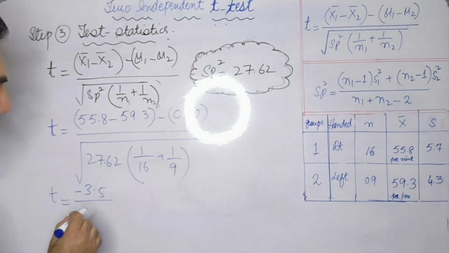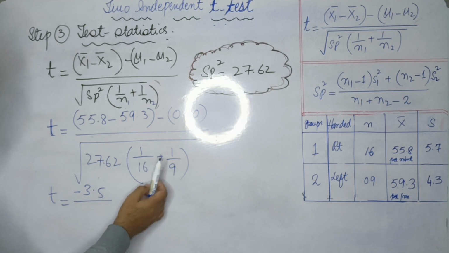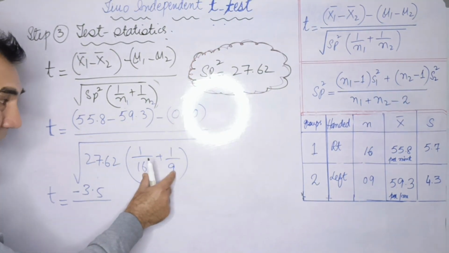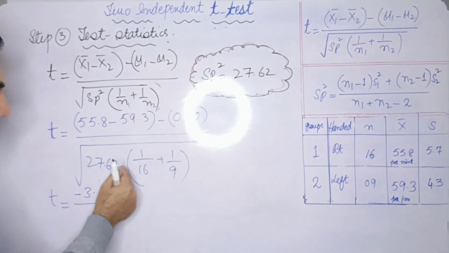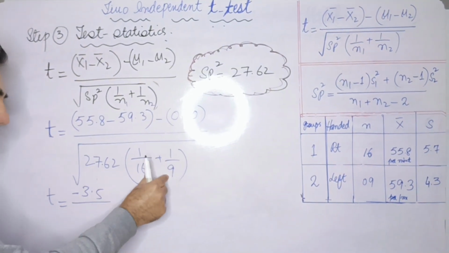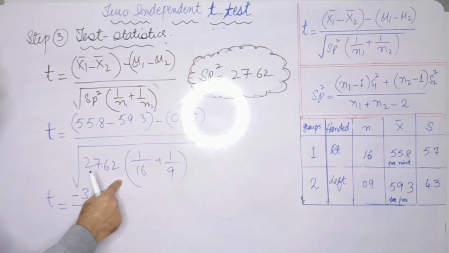This is the numerator. Now the denominator: first we calculate the small bracket, then multiply this value with 27.62.